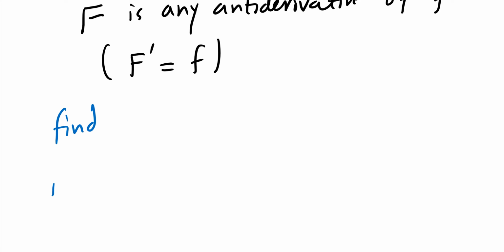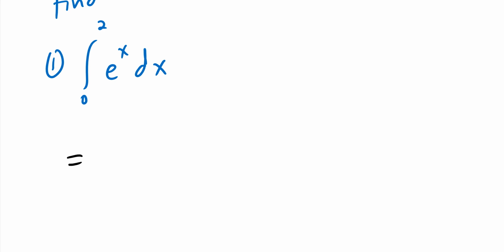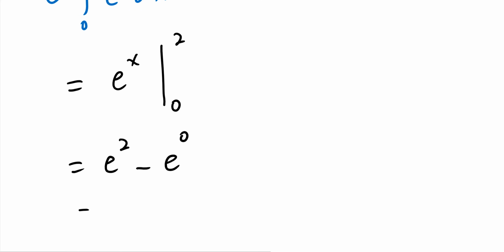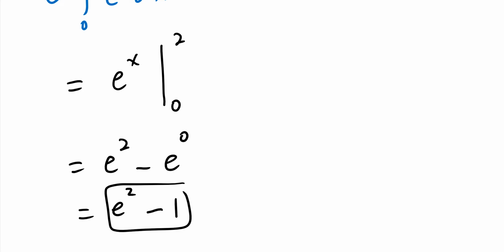Examples. Let's say we are asked to find the integral from 0 to 2 of e to the x dx. We ask ourselves, what's the antiderivative of e^x? Well, it's e^x. Now look what I'm going to do. I'm going to put a vertical line, 0 to 2. This means you substitute the 2 in for x, then you substitute the 0 in. So that would be e squared minus 1. That's a simplified version of this.